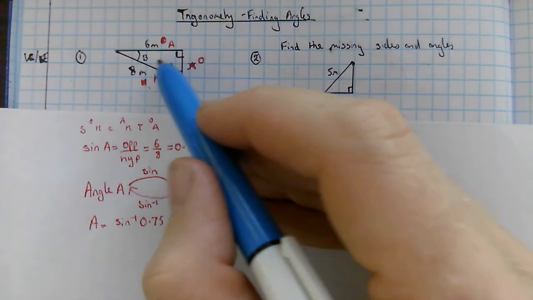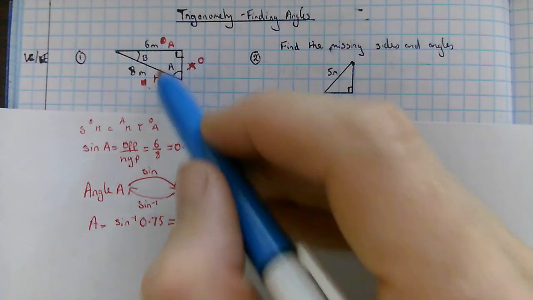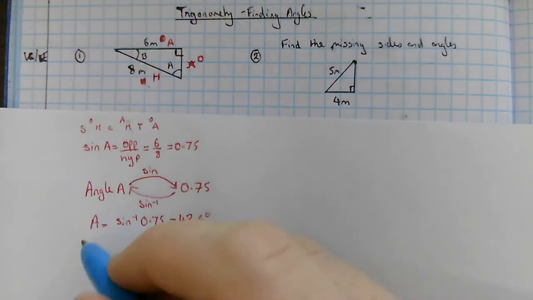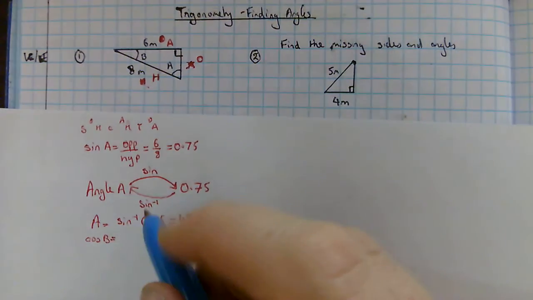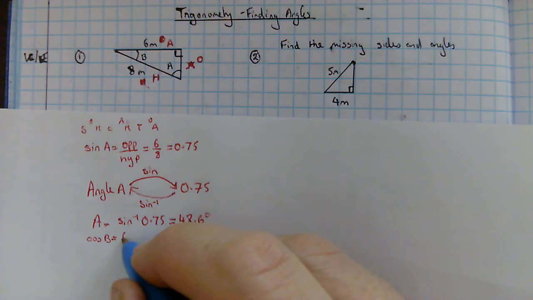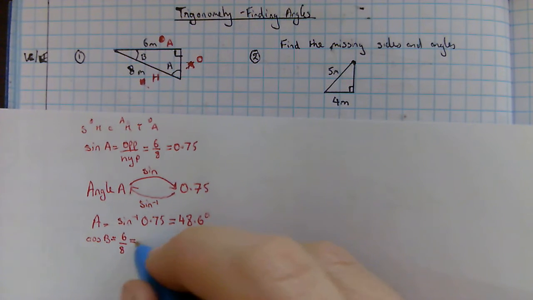So standing at B, I've got my adjacent and my hypotenuse, so I'm looking at CAH, adjacent and hypotenuse. So I can say that cos B equals my adjacent, which is 6, divided by my hypotenuse, which is 8, which is 0.75.